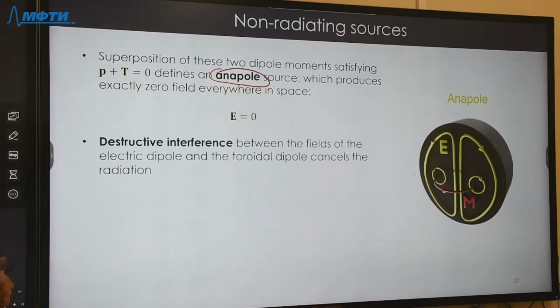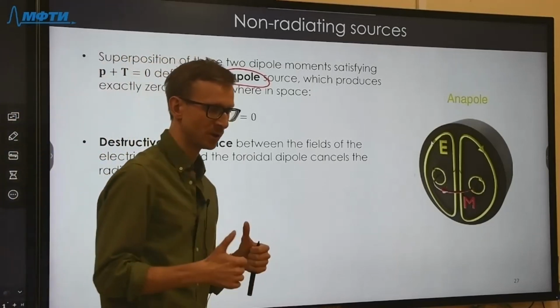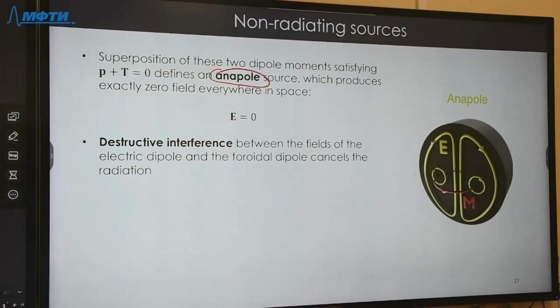Like I said, the origin of this non-radiating source is the destructive interference between two Cartesian dipoles that have different microscopic structure inside the small area where the currents are located, and identical field patterns that interfere ideally destructively outside the source region.